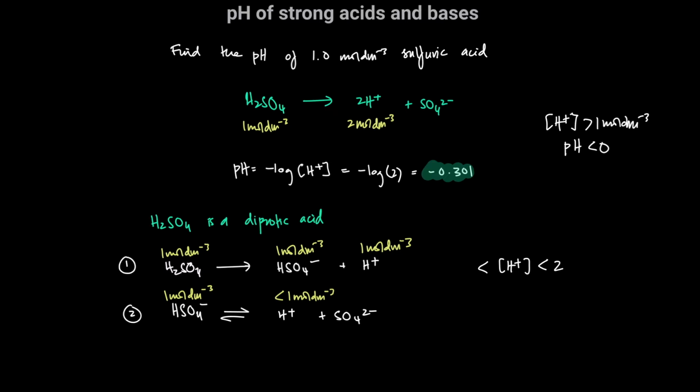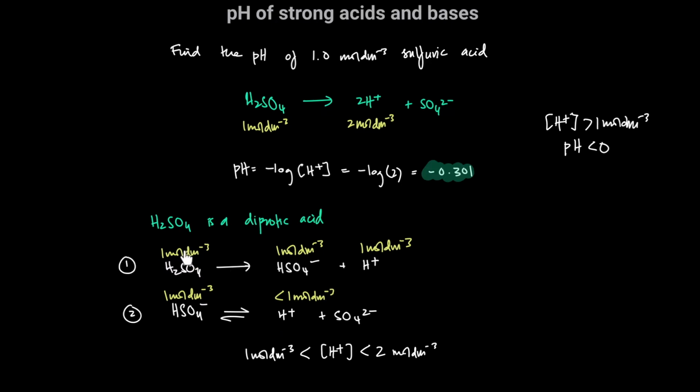If we're starting with 1 mole per dm cube sulfuric acid, the first ionization is complete, so you're going to form 1 mole per dm cube of H plus ions, but then that 1 mole per dm cube of HSO4 minus will only ionize partially. So in the second stage, you're going to form less than 1 mole per dm cube of H plus ions. So the sum is greater than 1, but less than 2.